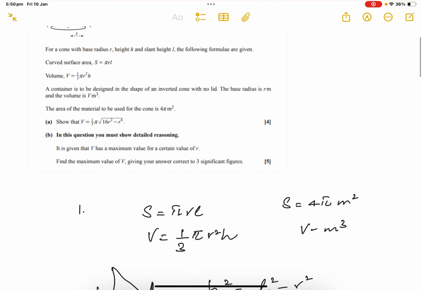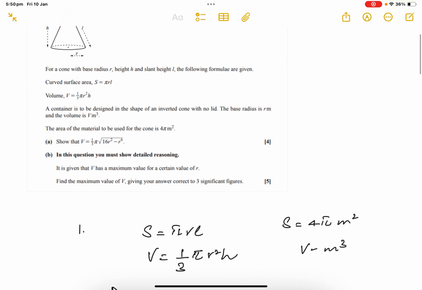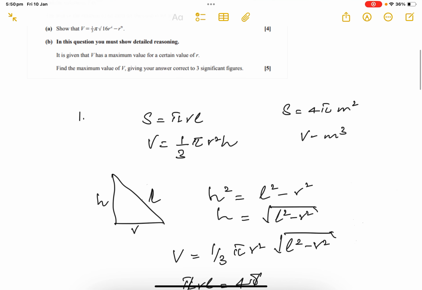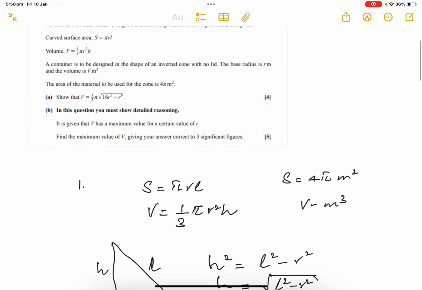Prior to going further, let's look at what we have been asked to prove. It's in terms of r only. So if you look at V here, 1/3 pi r squared h, we need to eliminate h.